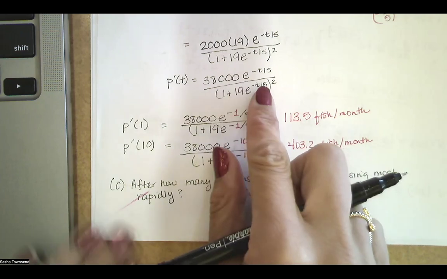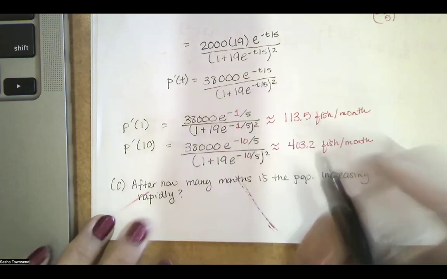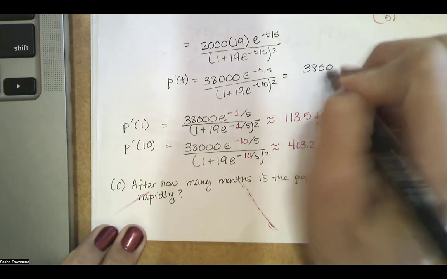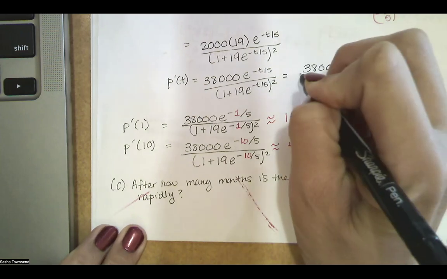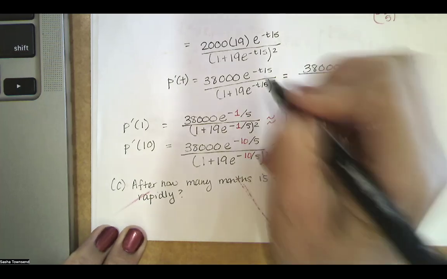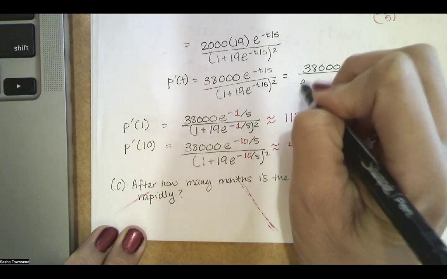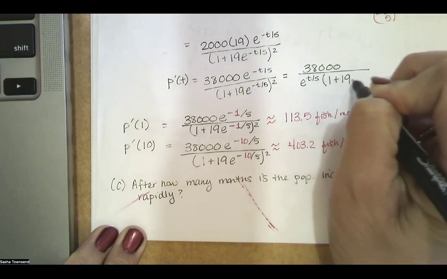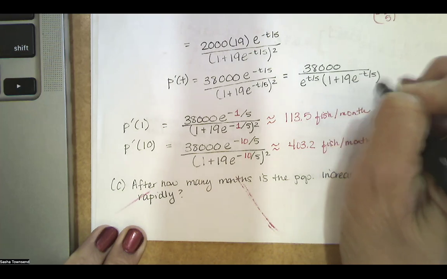We can find the values when that function is at a maximum by rewriting it. I might write this as 38,000, sorry. Is that right? Yes, I think it is. Divided by, if I wanted to, I could write this exponential in the denominator, e to the t divided by 5 times 1 plus 19 times e to the negative t divided by 5 quantity squared.